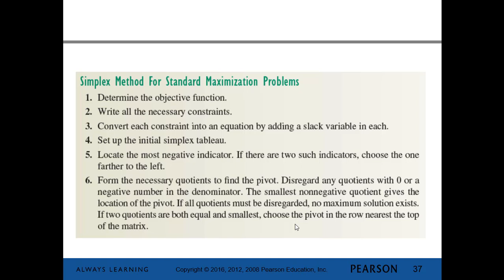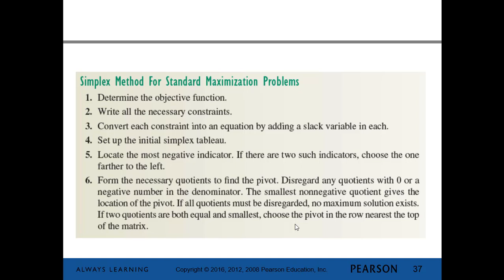Disregard any quotients with 0 or a negative number in the denominator. So remember, we don't want to use negative numbers in the denominator or 0. The smallest non-negative quotient gives the location of the pivot. If all quotients must be disregarded, no maximum solution exists.